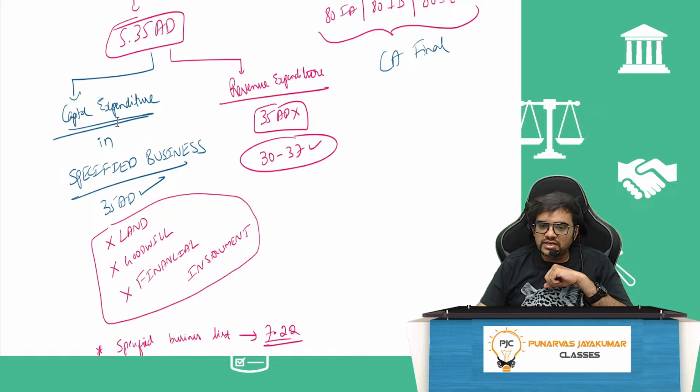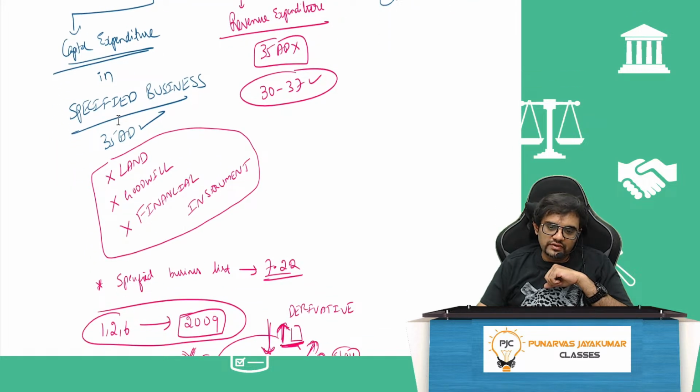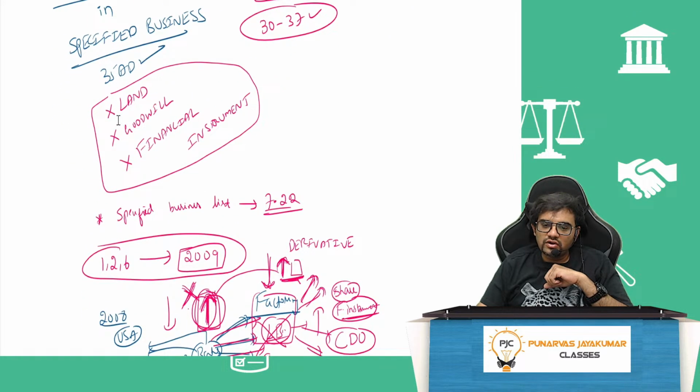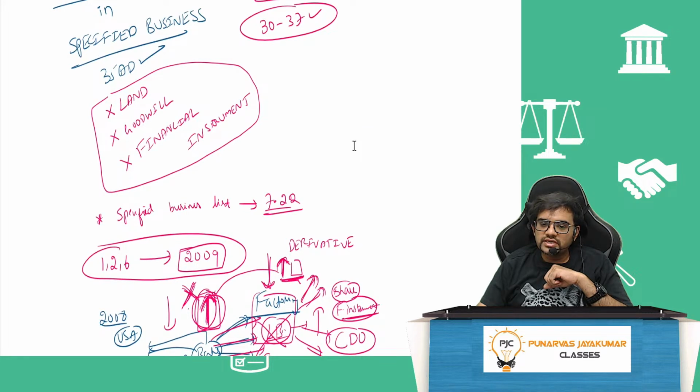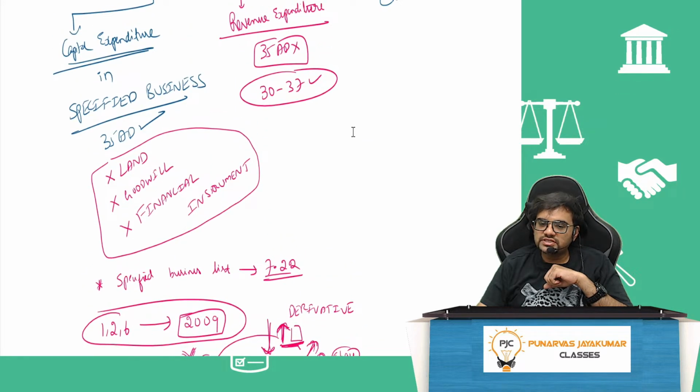So guys, capital expenditure is fully allowed under 35AD, specified business. It will not include land, goodwill, or financial instruments. Barring that, everything else is covered under specified business.